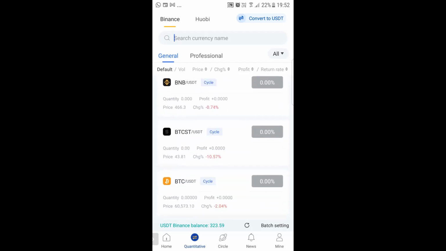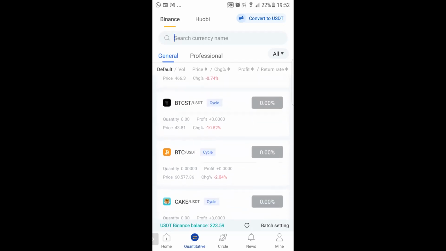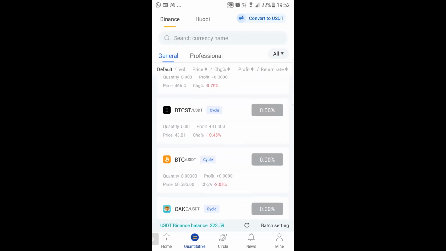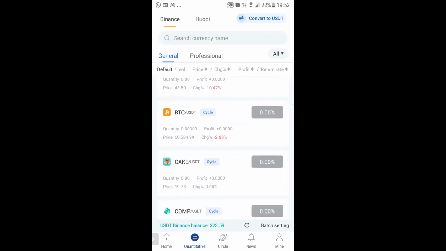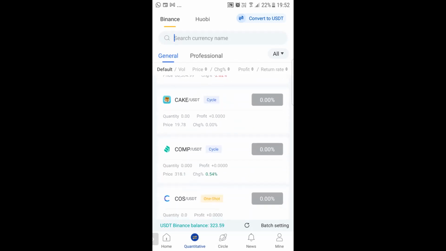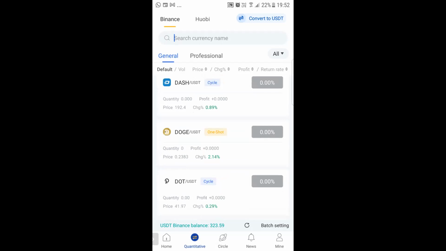Now look at BTCST, it is now minus 10%. They changed them. It has dropped by 10%. So that shows you that the market has gone down by that. So you can consider buying that market.